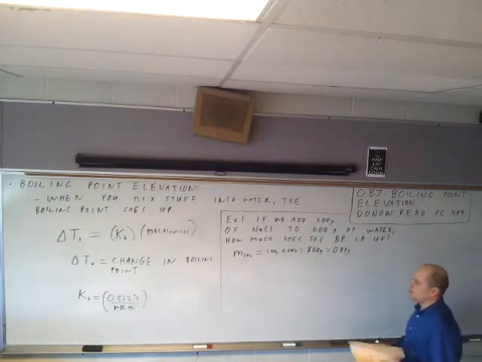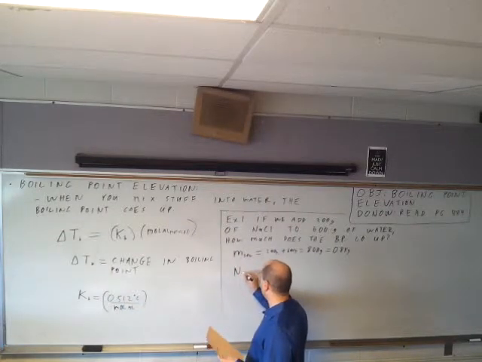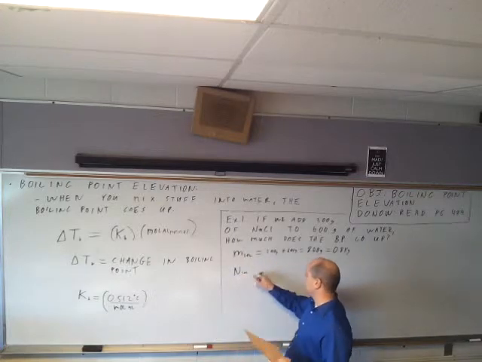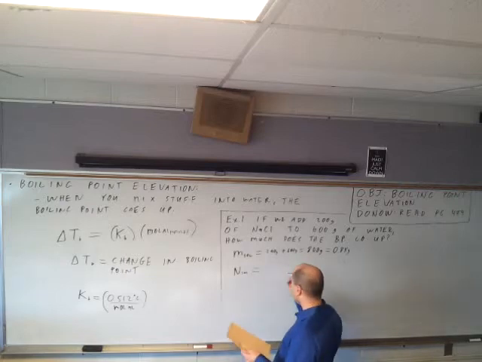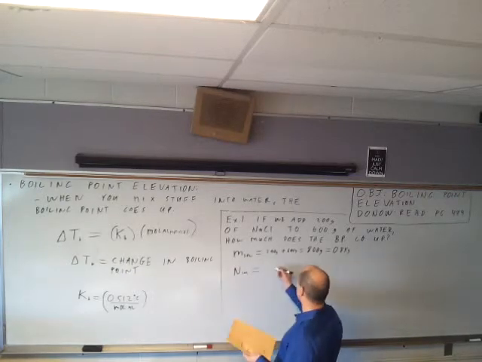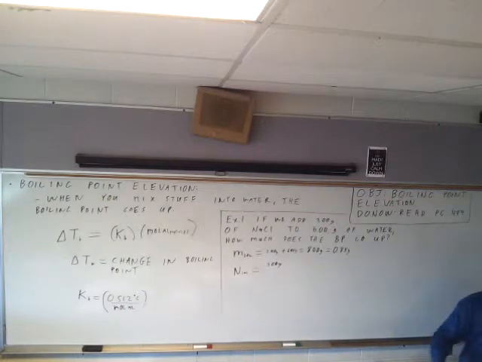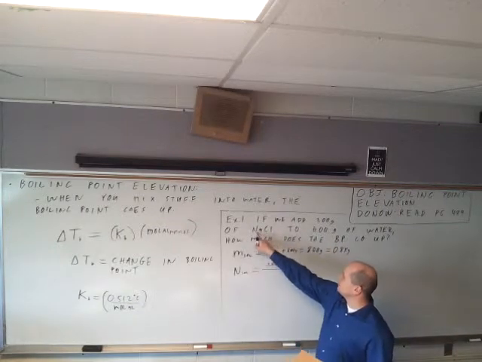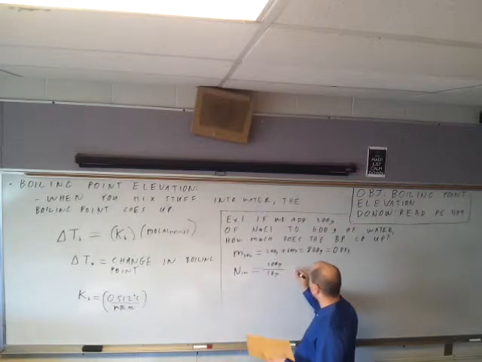The other thing we want to find is number of moles of the solute, which is sodium chloride. Number of moles, I'm going to put sol for solute. I put a subscript for a reason, we'll see in a second. All right, so number of moles, that's mass divided by molar mass. So that's going to be 200 grams, the mass of the salt, divided by the molar mass of salt, which is, well, in this case, it's sodium and chlorine, 23 and 35, so that's 58, right?